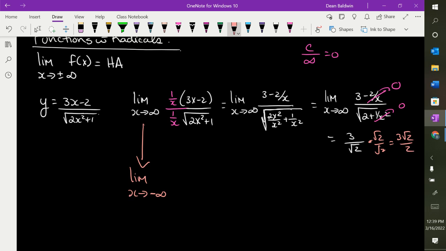As we go to negative infinity, we're going to do the same thing. I'm going to shortcut it because it looks exactly the same.